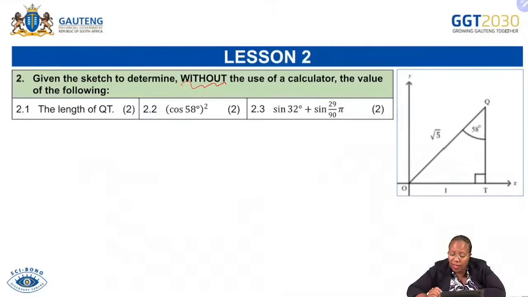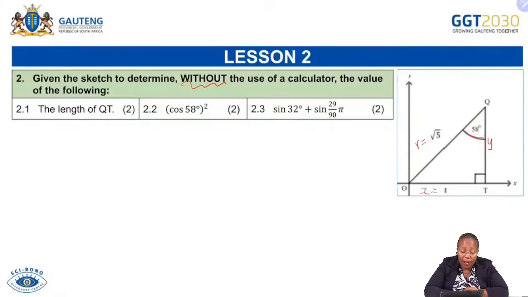If you go into that diagram, QT is this side here. So now we are given angle 58 degrees. We are given that x is 1. We are given the hypotenuse, so we have the r value. We have the x value, therefore we are looking for the y then.